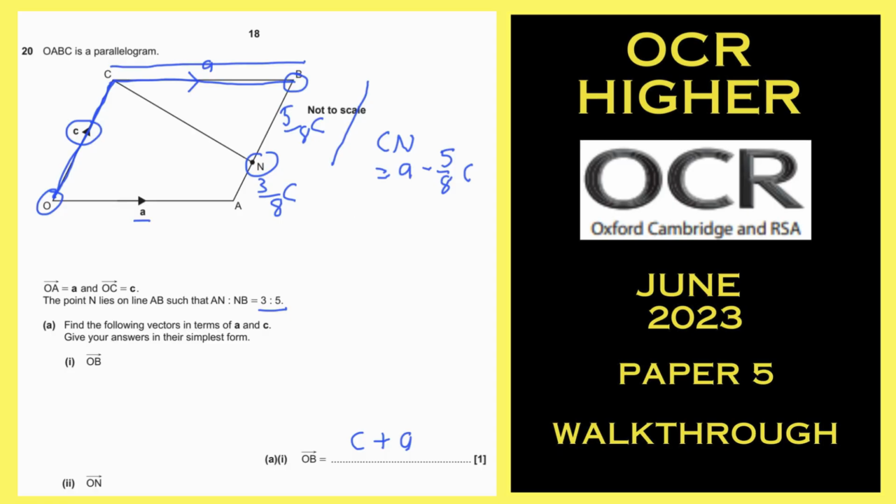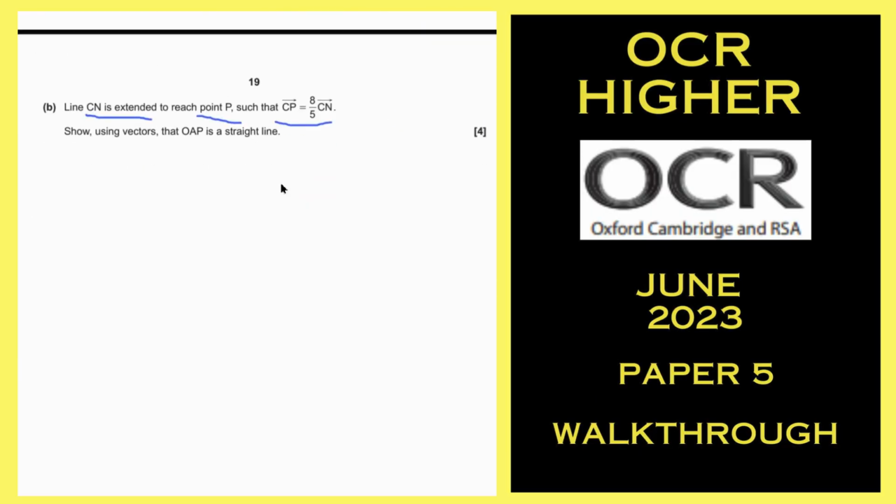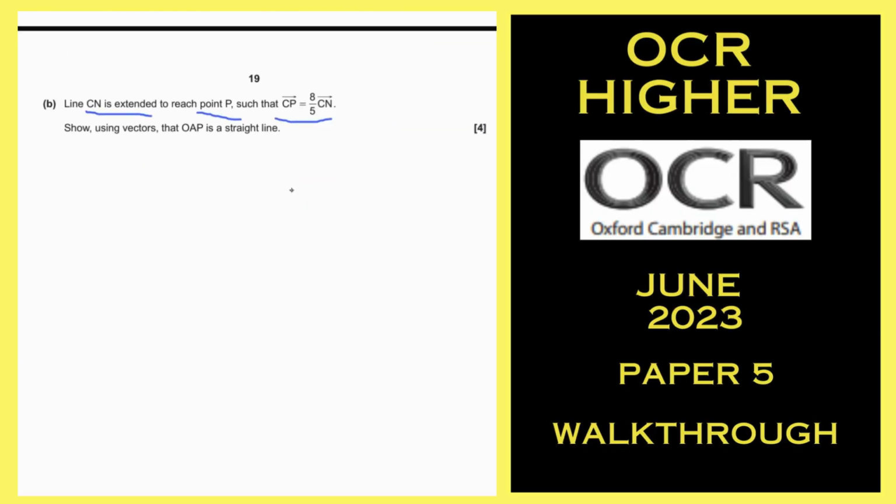I'm now going to build it up. I'm now going to consider C to P. Now I'm going to assume you've got a copy of that somewhere, folks, because now when we do the journey of C to P, we've already been told such that, so it's 8/5 multiplied by what we just wrote down, multiplied by CN.